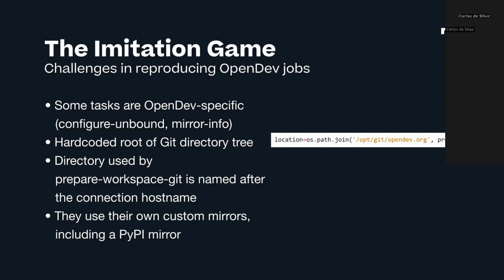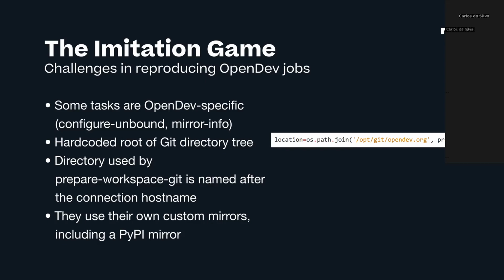Some of these tasks are, for example, the configure unbound and the mirror info roles, which respectively configure a DNS service and set up a script to run OpenDev mirrors. This is not the case for us because we won't need any complex DNS configuration, and we don't use any mirrors. We just use the default repositories that come with the images.